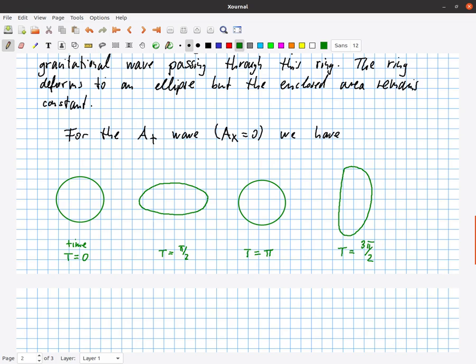The idea is that you have your ring of test particles aligned on the circle, and this is the experimental setup you would try to achieve.